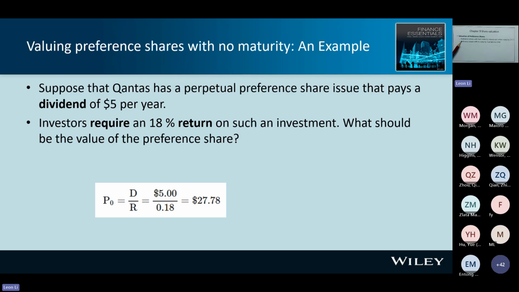On the other hand, preference share might have no maturity, right? If preference share has no maturity, then we have the perpetuity result, right? It's in our chapter 6. Okay, we finished the discussion.